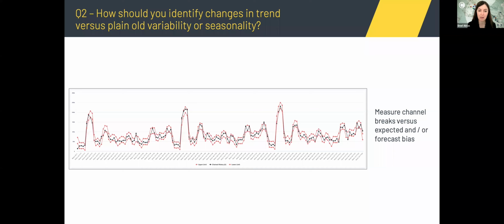So we can use techniques such as tracking signals, to see if we are constantly outside the upper bound and the lower bound of the expected variability coming from our models. So if our model is constantly under predicting or over predicting, that suggests that the system has changed and we need to update our parameters.